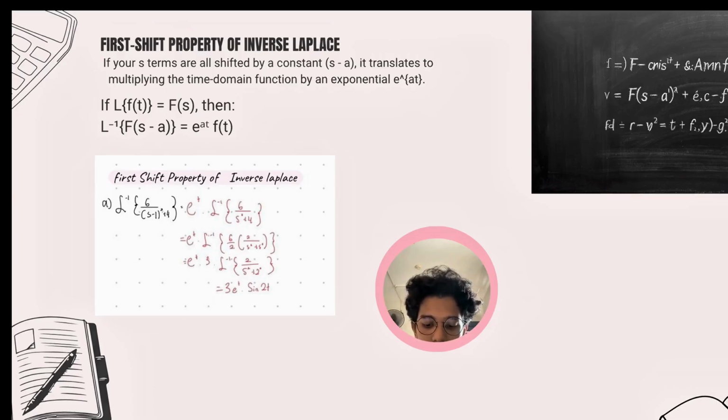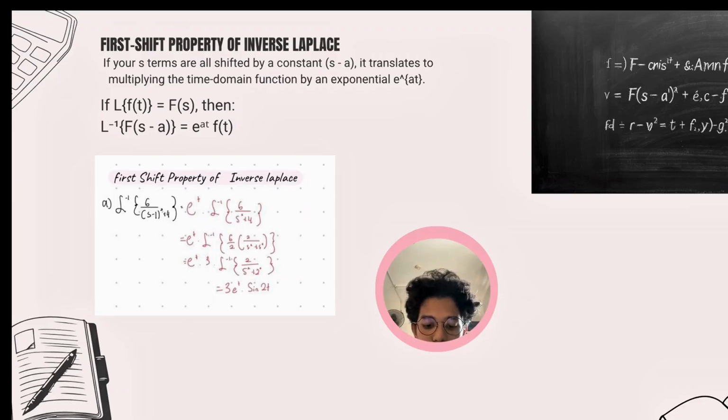Rewriting the numerator 6 as 6 over 2 multiplied by 2, which is 3 multiplied by 2, we keep the required 2 inside the transform and factor the constant 3 out to the front alongside our exponential term.